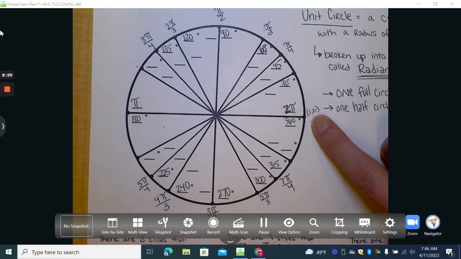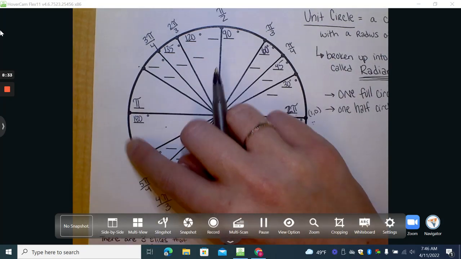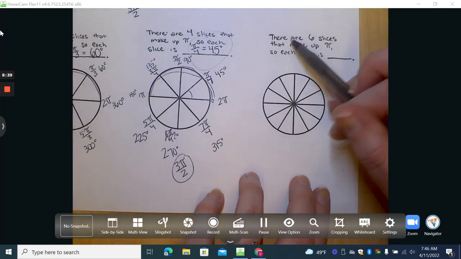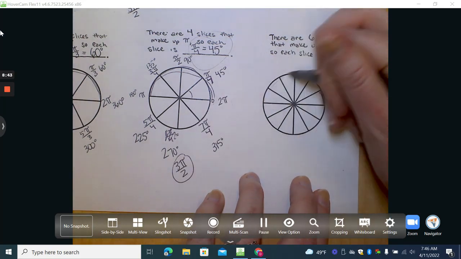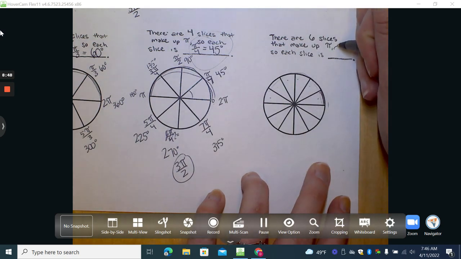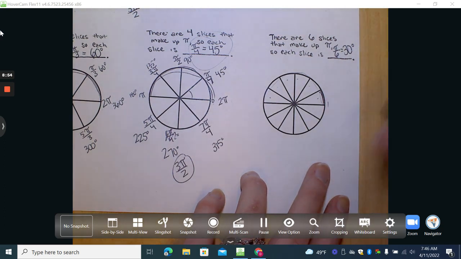All right, the last few blanks we have to fill in, there's really one here, one here, one here, and one here. Those are the last couple blanks we're going to fill in because those are each a 6th pi spot. If I go from 0 to pi and break it up into 6 slices, that's pi over 6, and that is actually 30 degrees apiece.